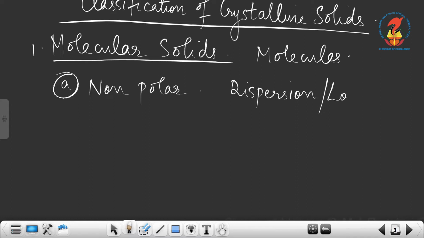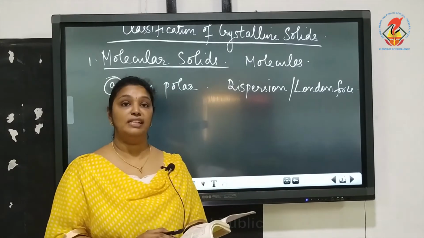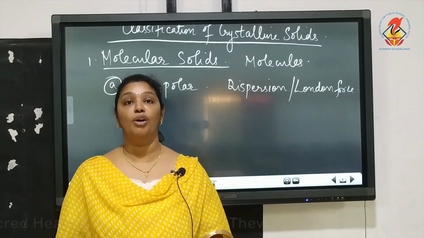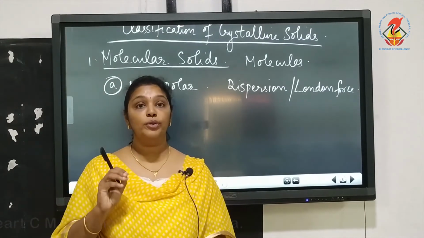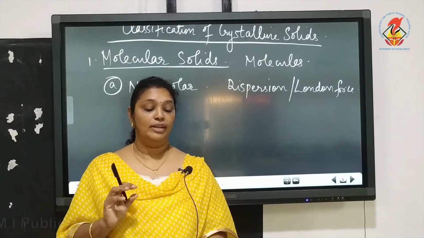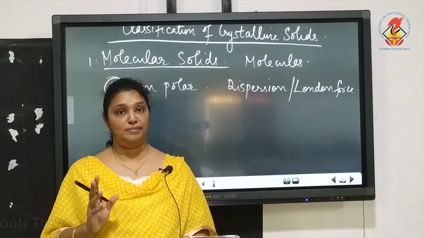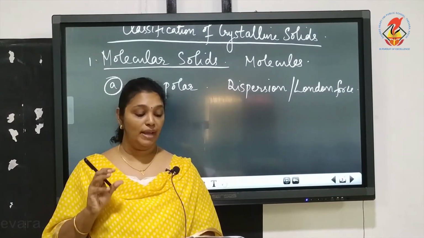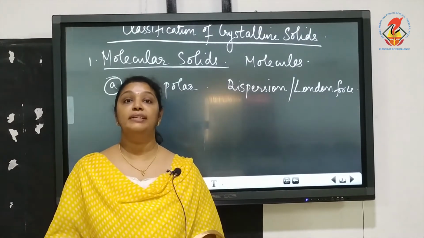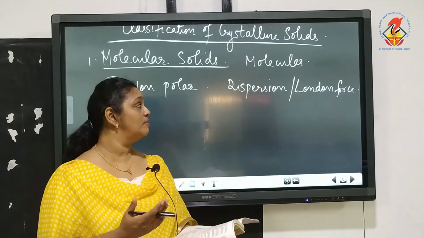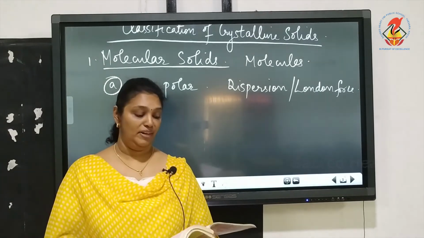So that is the attractive force present in non-polar molecular solids. Now what do you mean by a dispersion or London force? It is a temporary attractive force that results when the electrons in 2 adjacent atoms occupy positions that make the atoms form temporary dipoles. You have learned about this London force or dispersion force in class 11.